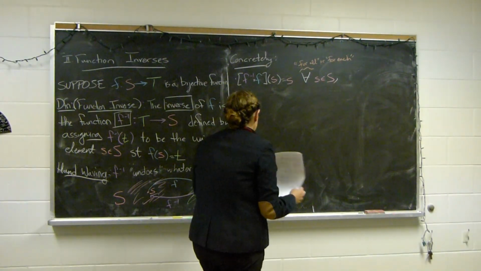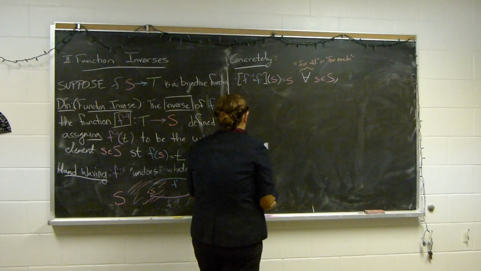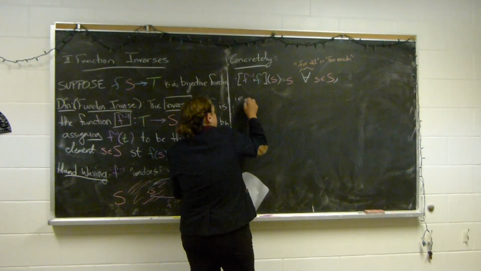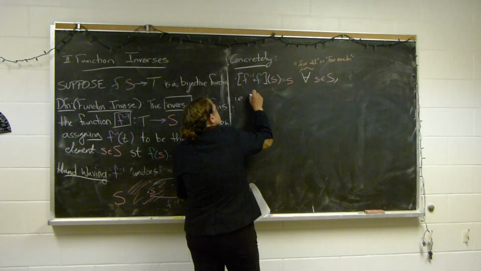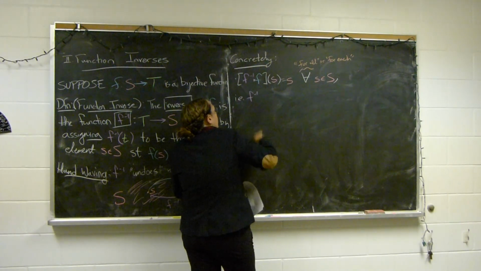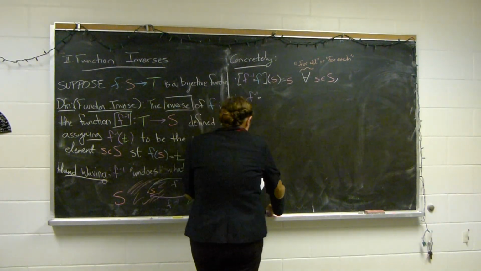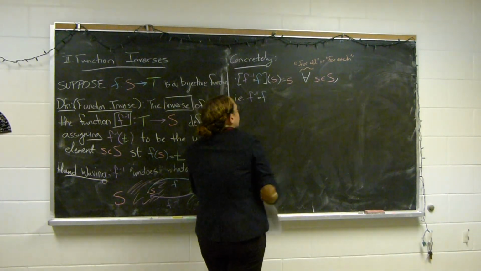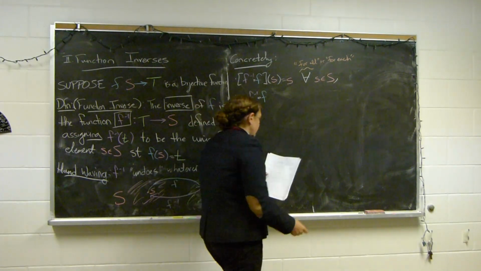Okay, i.e., F inverse composed with F, right, is the identity function, the do nothing function.